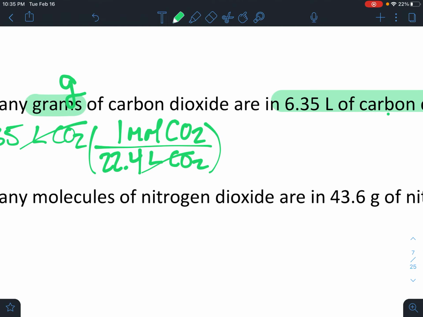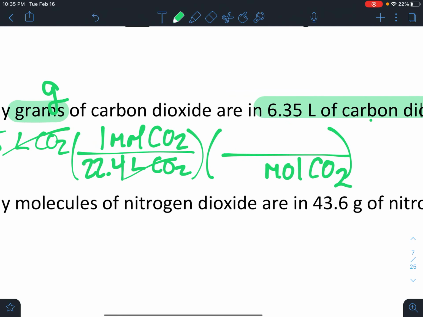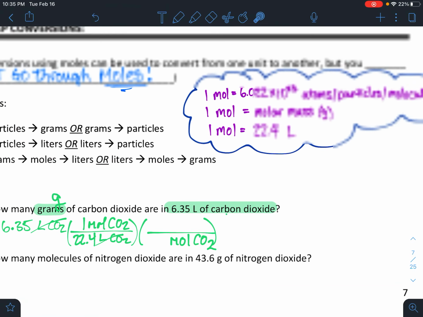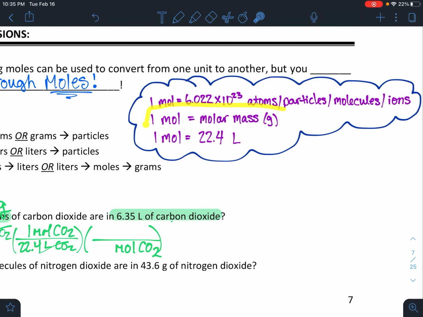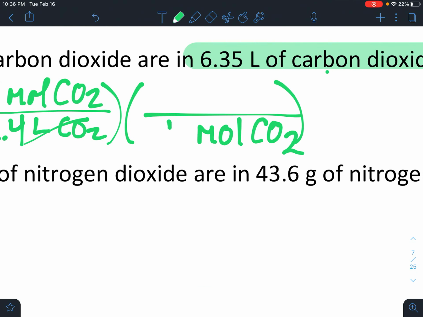So right now we're in moles and we want to cross that off. So we build a conversion factor and we write moles of CO2 in the bottom. And we know that the molar mass of something is equal to 1 mole of that something. So that's our next conversion factor. So 1 mole equals the molar mass of CO2.